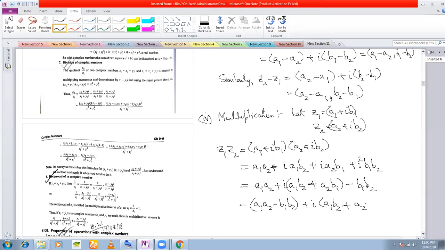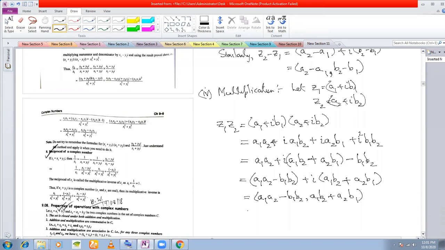Okay, this is how you multiply two complex numbers. If you want to write it as an ordered pair, you write this as a1 a2 minus b1 b2, comma, a1 b2 plus a2 b1. Okay, so this is multiplication.